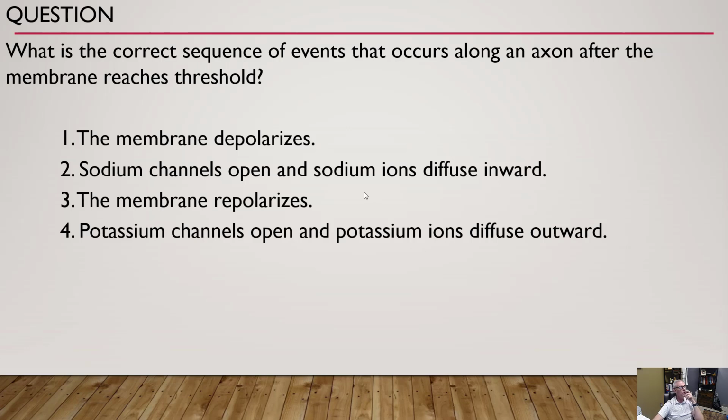We know that sodium goes before potassium, and depolarization happens before repolarization. So 1 and 2 come before 3 and 4. Sodium channels open and sodium ions diffuse inward, and then the membrane depolarizes. Then potassium channels open and potassium ions diffuse outward, and then the membrane repolarizes.